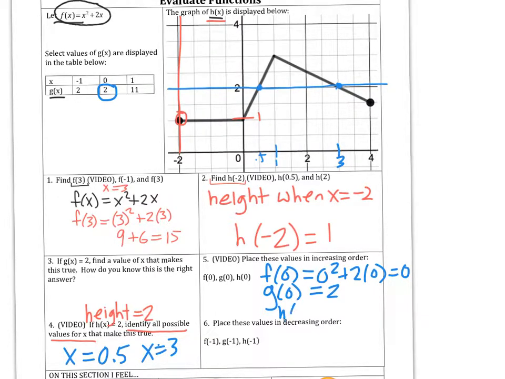And h of 0 is going to be the height of my graph when x is 0. So that's here. We've got a height of 1. So in order, we've got f of 0, h of 0, and g of 0 in increasing order from smallest to largest.